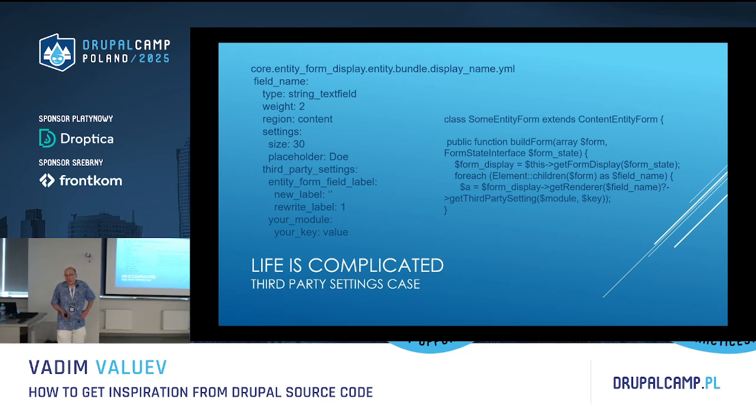Yes, it's exported, it's generated, but that doesn't mean that we cannot write it by hand, because the only requirement is you understand what you are doing. Once you understand how it works, no problem. And it's not complicated. All these third-party settings boil down to settings sitting in the configuration, and that's it.